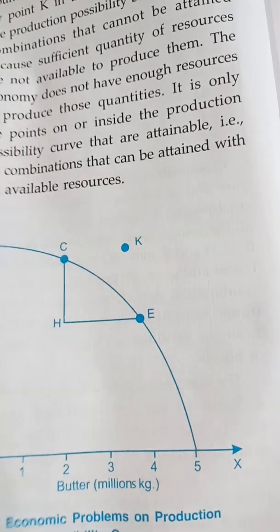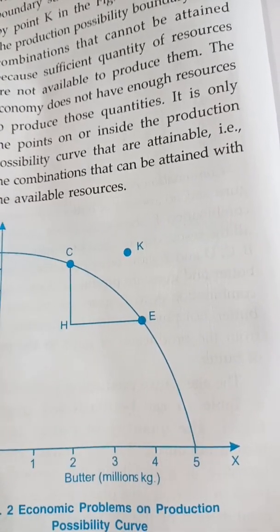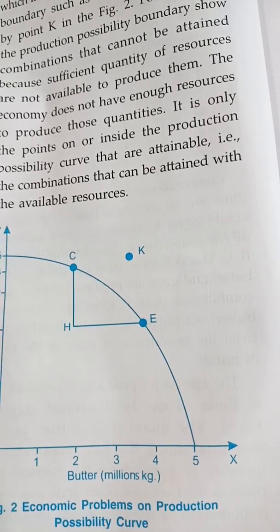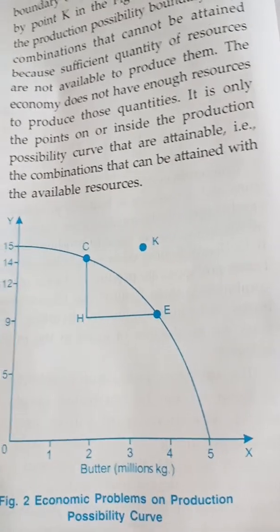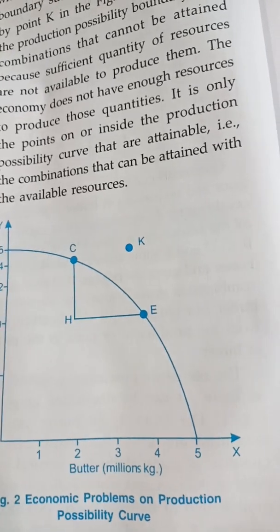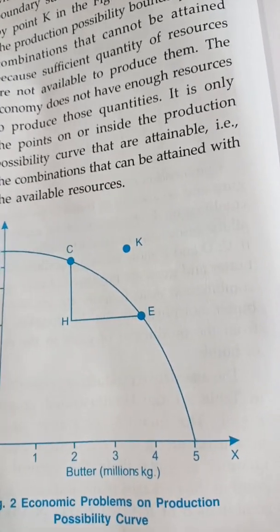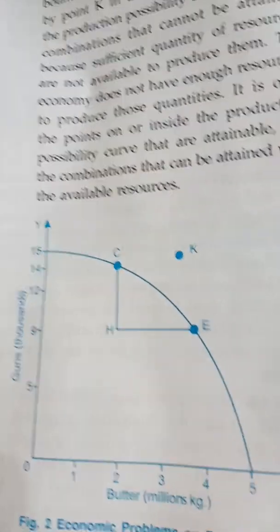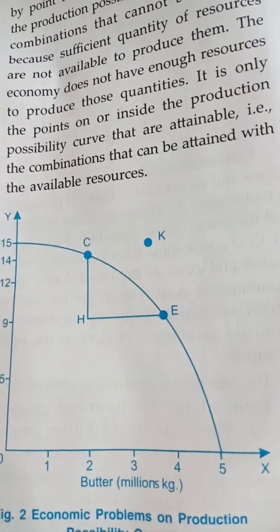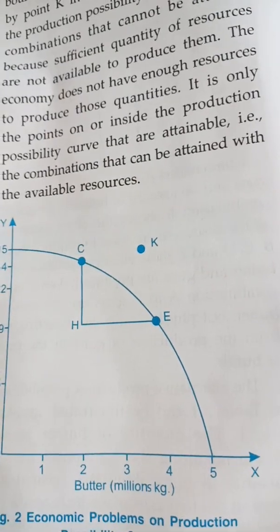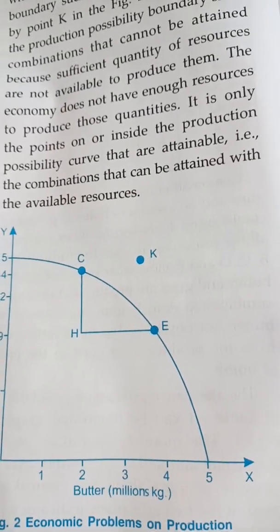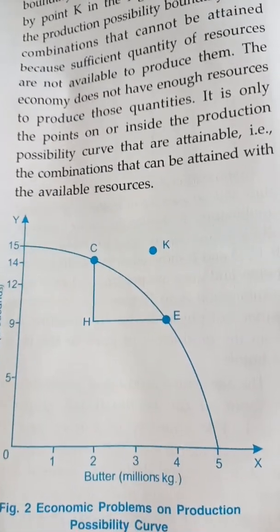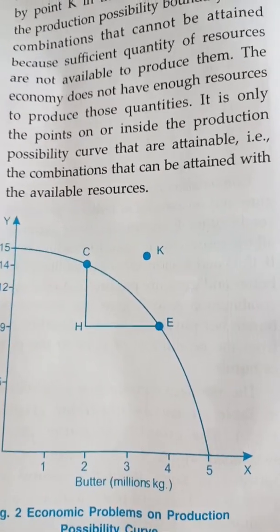This is the problem of full and efficient utilization of resources. If point H is chosen, then this problem arises. That is, resources in the country are not fully employed, and the resources are also not efficiently utilized.